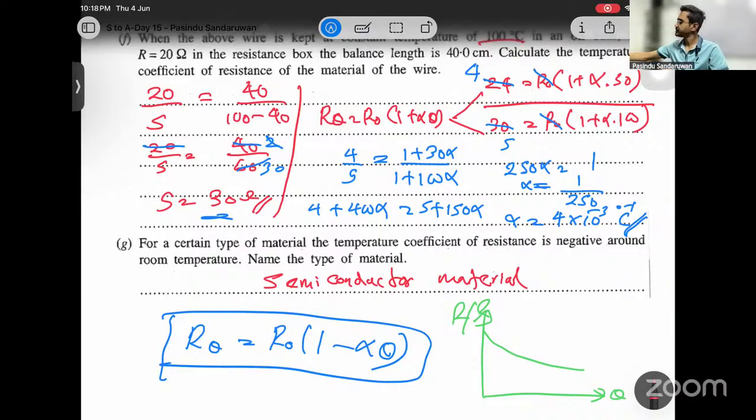Is everything clear? Okay, it seems so. Then we'll stop the sharing. Clear. Okay, good.